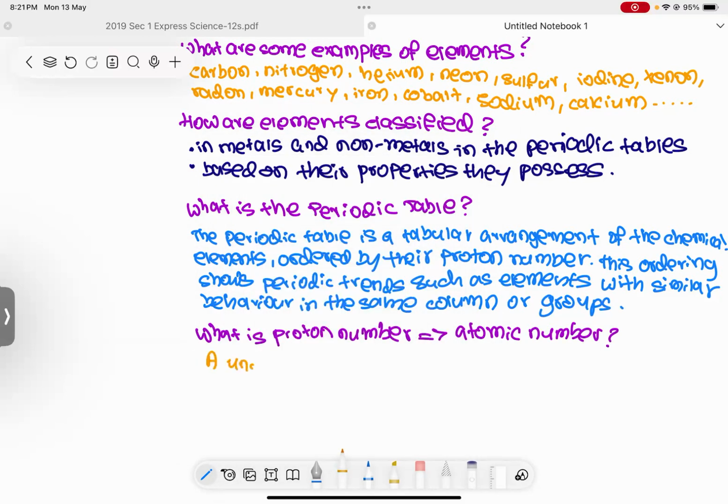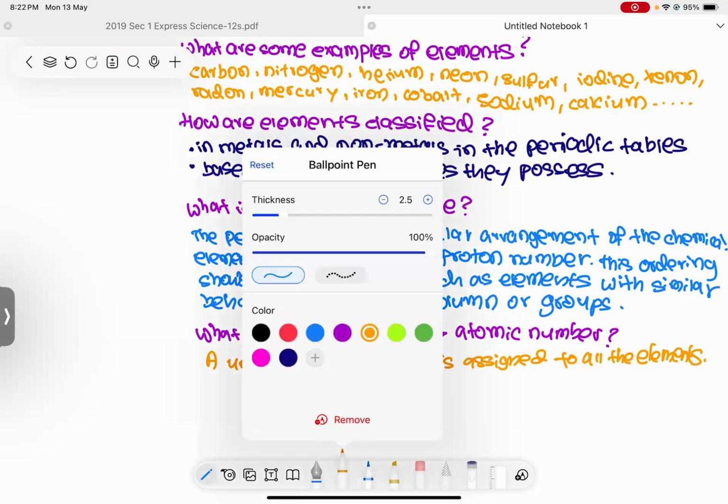A unique number that is assigned to all the elements. Okay, so how are the elements in the periodic table represented symbolically?